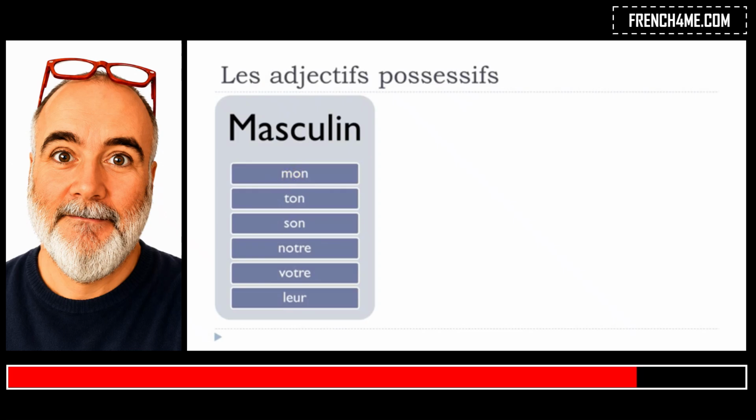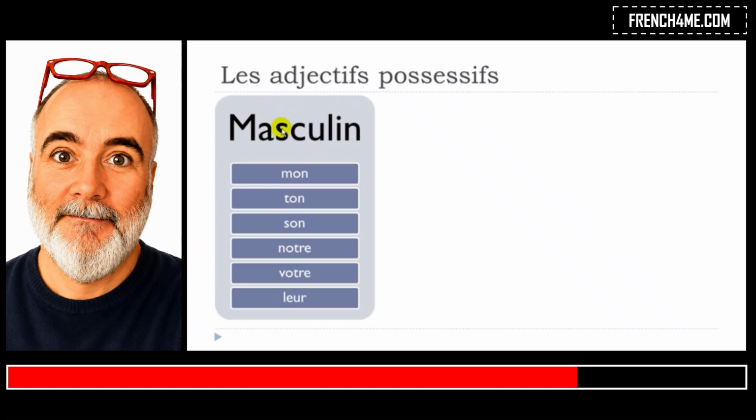Keep in mind, we'll see that a bit later with some examples, that in French we don't decide whether it's masculine, feminine, or plural according to the subject, like in English, because in English you put the masculine or the feminine according to the subject, but in French we put the masculine, the feminine or the plural according to the word it is connected to. So it's quite important to remember that, because it will be really important for the decision whether you put the masculine or the feminine or the plural form.